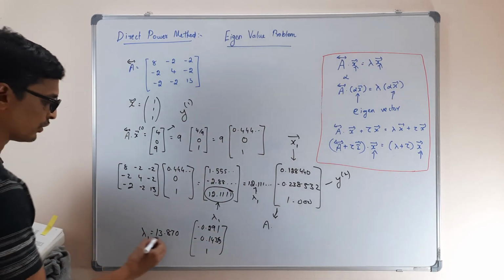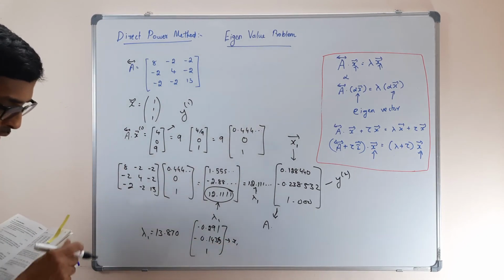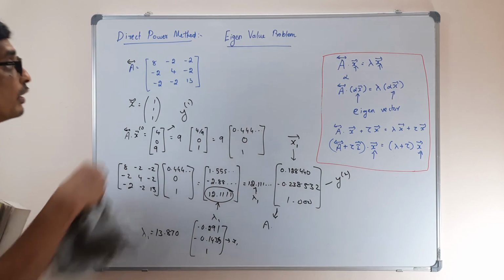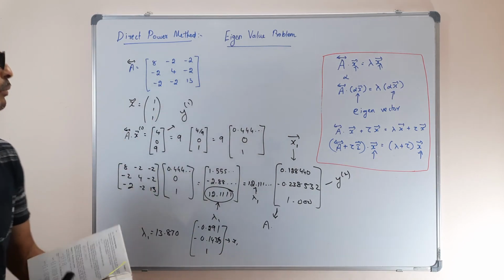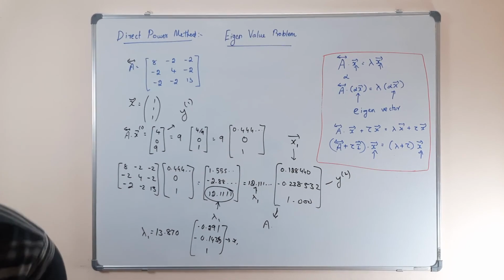So this is your lambda 1 and this is your x1. This is how we implement the direct power method to identify the largest magnitude eigenvalue and the corresponding eigenvector.